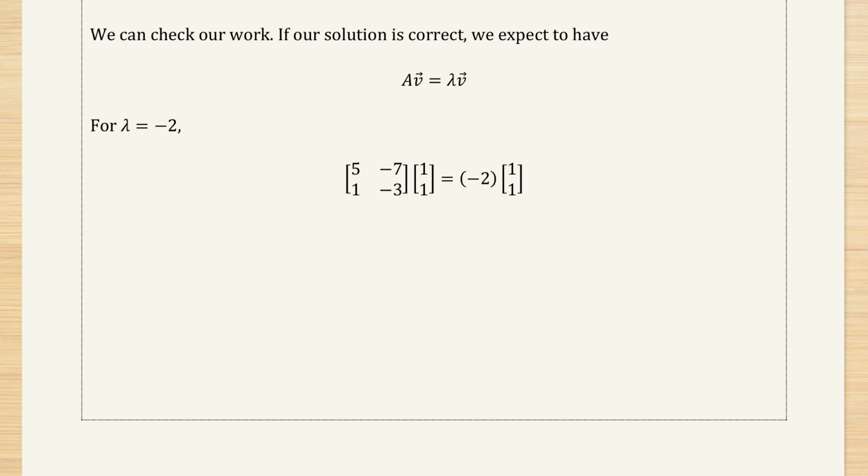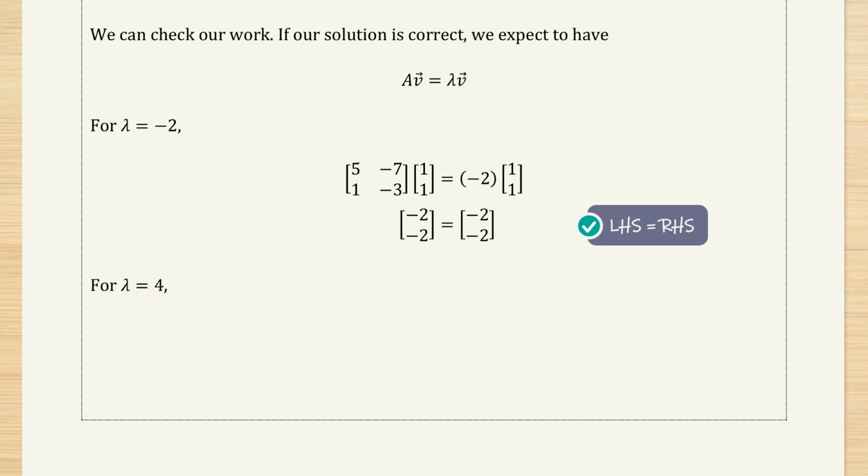Doing matrix multiplication, we have 5, -7 multiplied by 1, 1, and we add the result, -2. And then 1, -3 multiplied by 1, 1, then add the products together, -2. On the right side is easy, -2 times 1, -2 times 1, and yes, in fact, we do have left-hand side equals right-hand side.